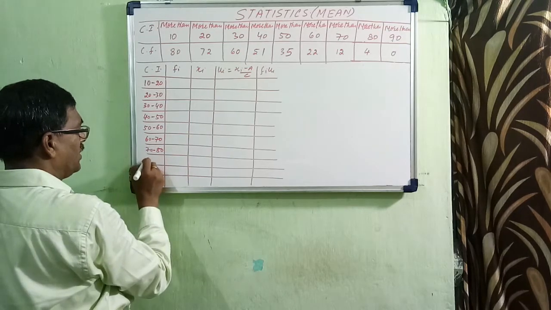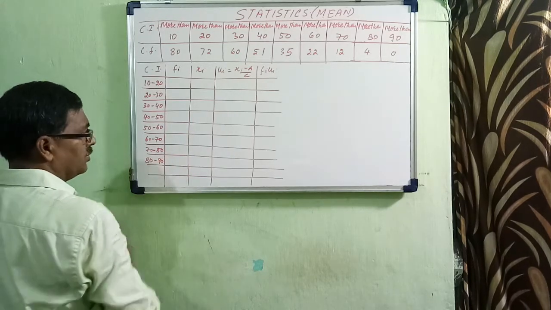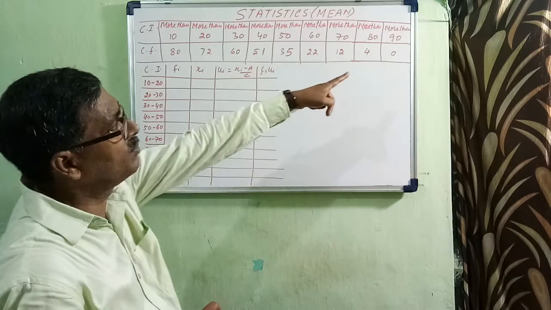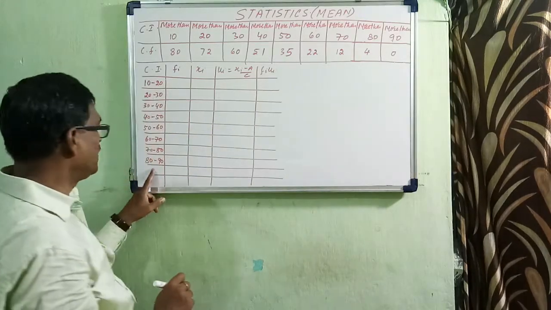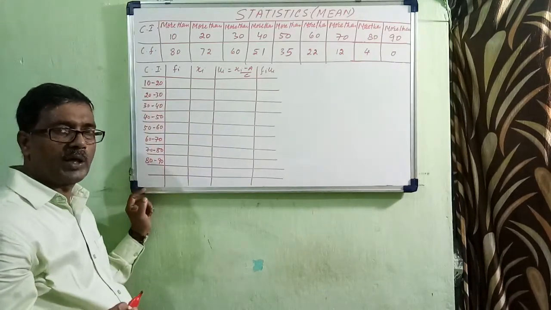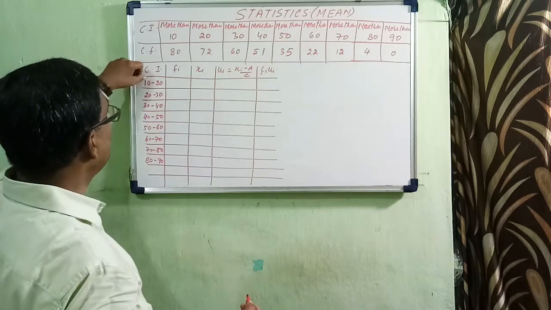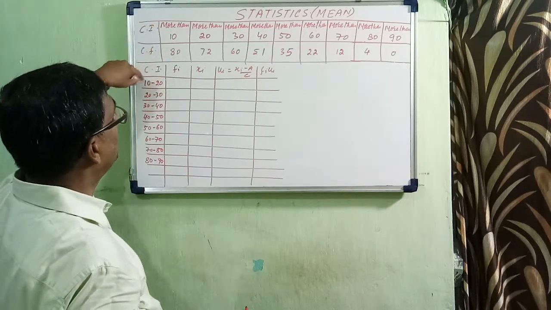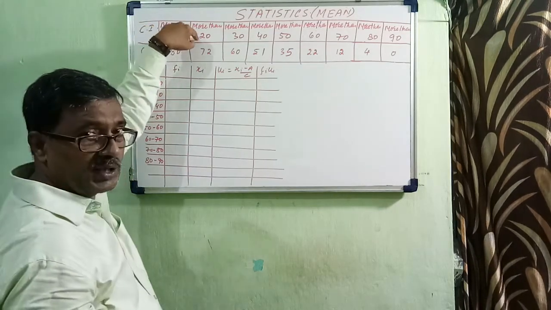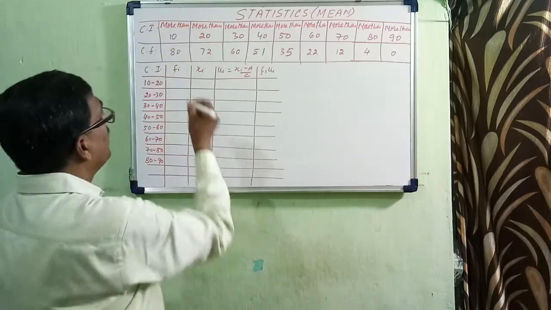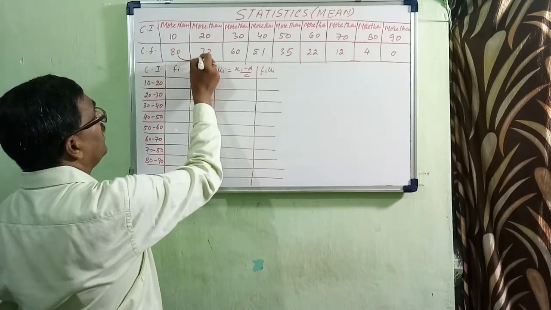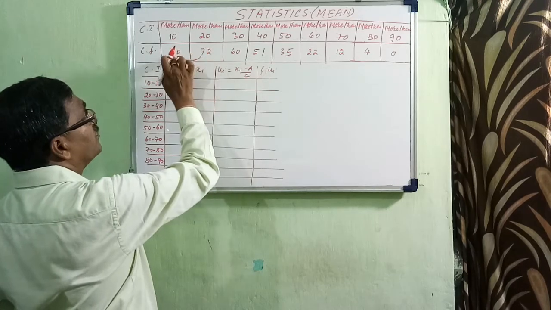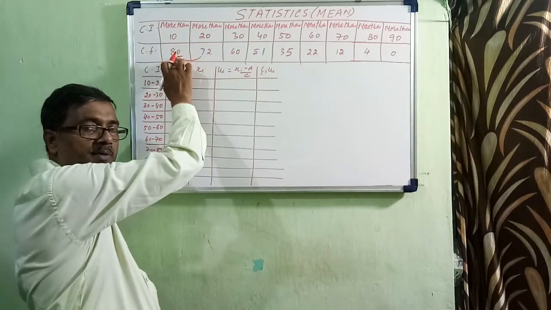More than 90 is how much? 0. So if I write 90 to 100, it will be 0. No need to write. And now 10 to 20 means you are going to take only from this to this, you have to subtract.